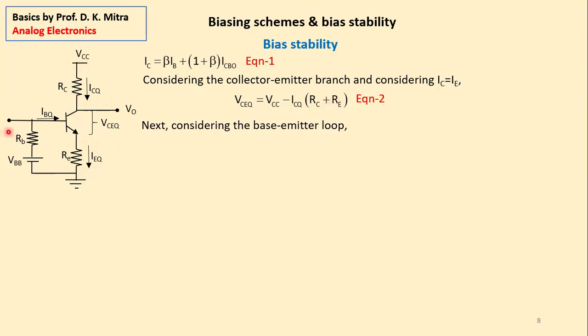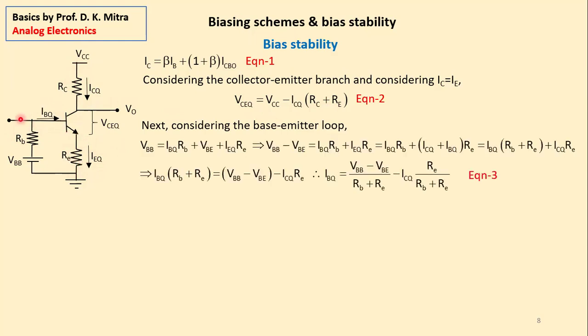Now consider the base emitter loop. The voltage here is equal to IBQ RB, because IBQ flows through RB, plus junction voltage VBE plus IEQ RE.